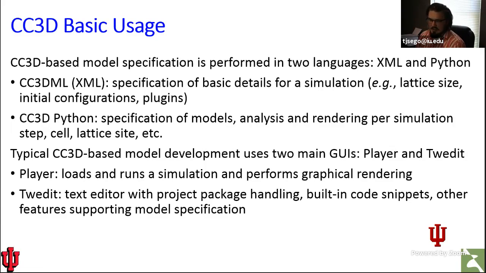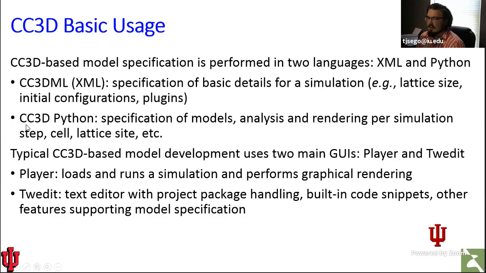These are things like defining how big a lattice is for the spatial aspects of the simulation, and specifying the number of simulation steps, so how long you would like your simulation to run. It's also useful for launching plugins that are built in with the libraries that do the simulating, things like simulating adhesion energy or tracking of neighbors, and so on and so forth. So the general stuff is primarily done in CC3DML.